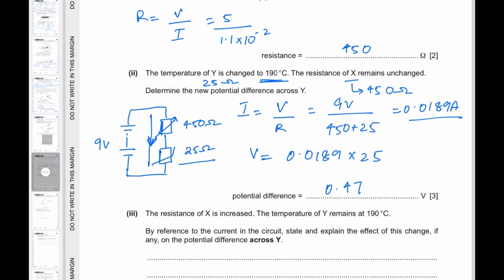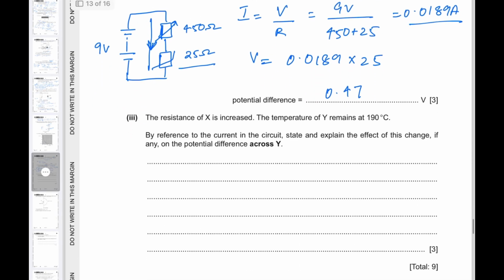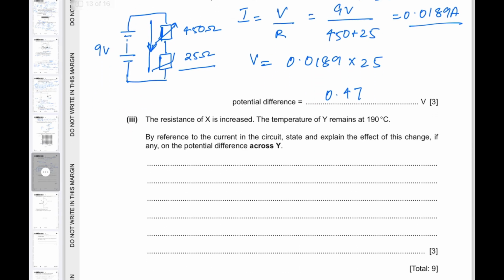Part 3, the resistance of X is increased. So now the value of resistance of the variable resistor is increased and the temperature of Y remains at 190 degrees. So that means this value over here will remain the same, whereas the resistance of X will increase.